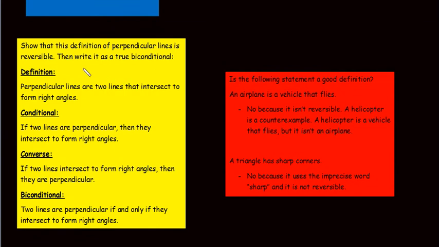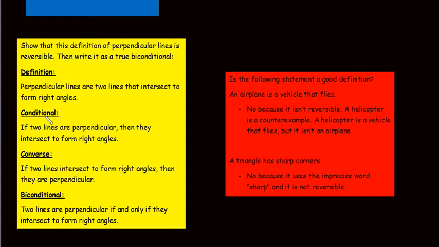All right, so to show that this definition of perpendicular lines is reversible, we should be able to reverse it into its converse and write a biconditional to show that this is a good definition. Perpendicular lines are two lines that intersect to form right angles.